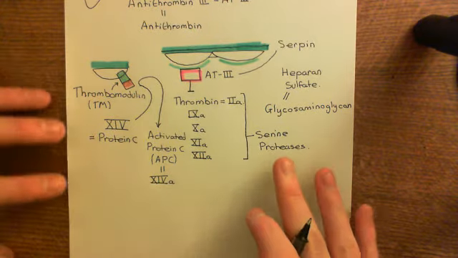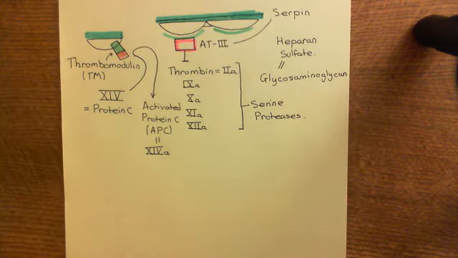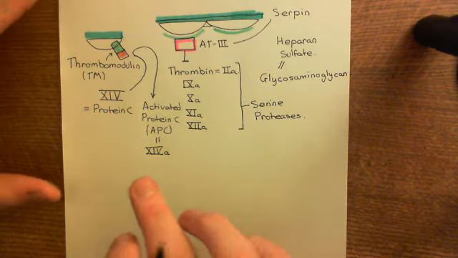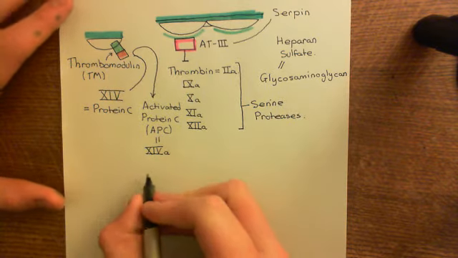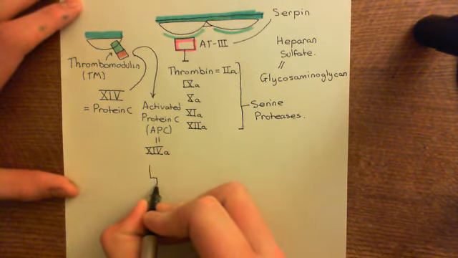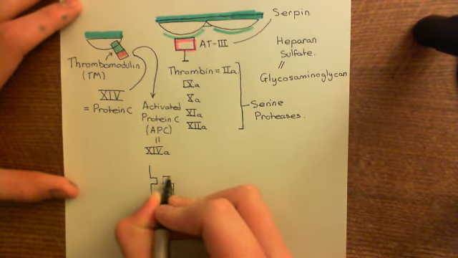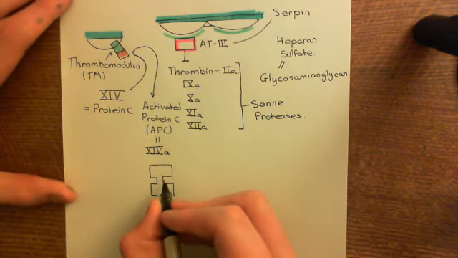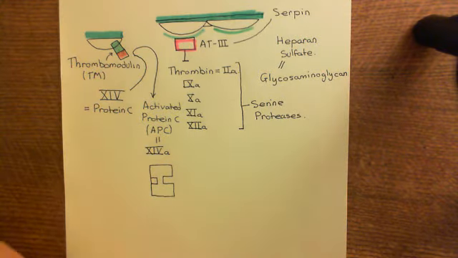Right. Now, factor 14A is anticoagulative effectively. So it now joins another protein. So this is an enzyme, but it's also got a cofactor. So again, this is an enzyme that needs another little protein to come and stick inside it to actually activate it to function. So here we now have the factor 14A, but you need another protein to come and sit here, a cofactor for this enzyme.